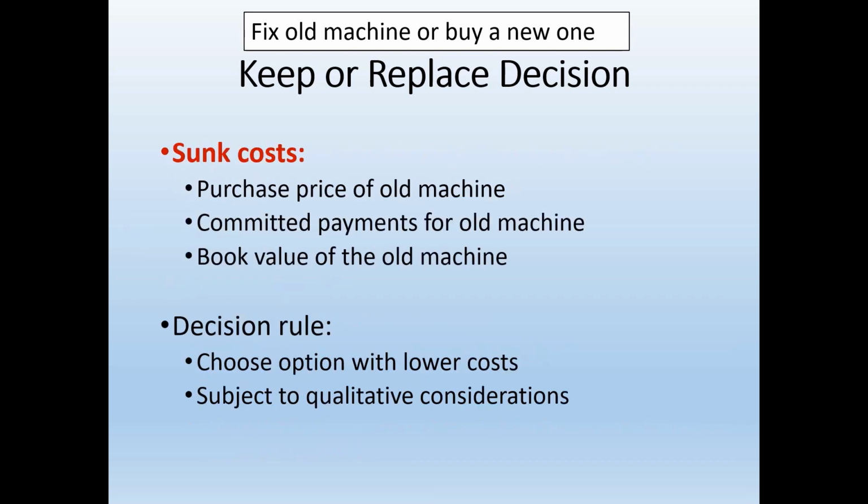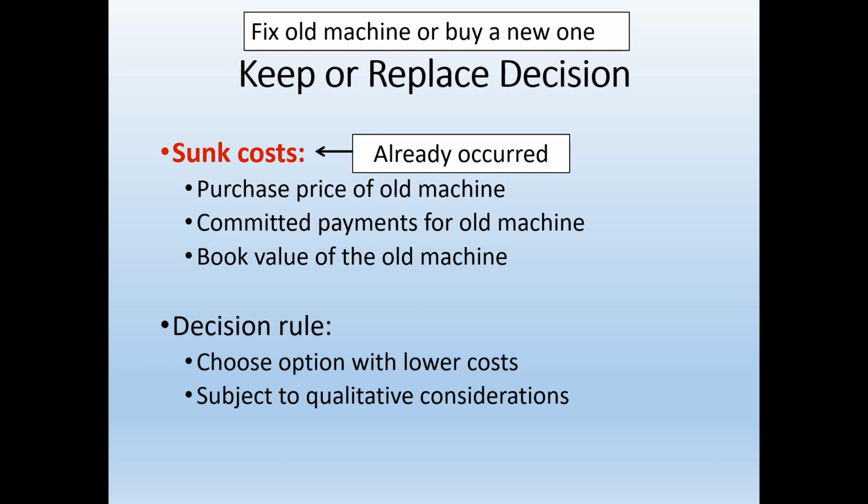Sunk costs include the original purchase price of the old machine, any committed payments for the old machine, and the book value of the old machine. These costs have already occurred, so they should have no effect on whether the firm decides to keep or replace the old machine now.